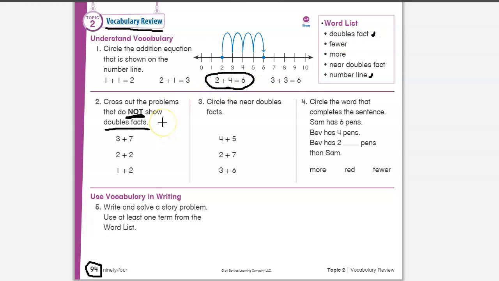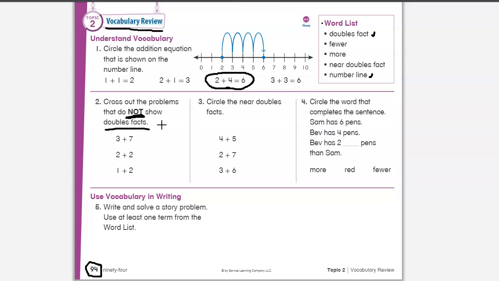If you remember in our lessons from topic 2, a doubles fact is when you have an equation that has the same numbers. For example, 1 plus 1, 3 plus 3, or 5 plus 5. Those are all examples of doubles facts. So in number 2, it wants us to cross out the problems that do not show doubles facts.